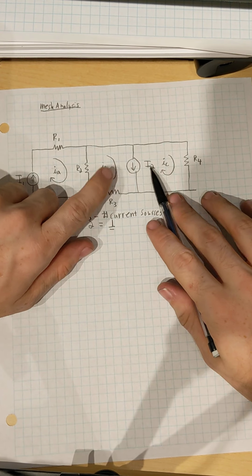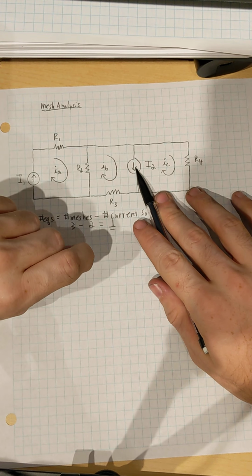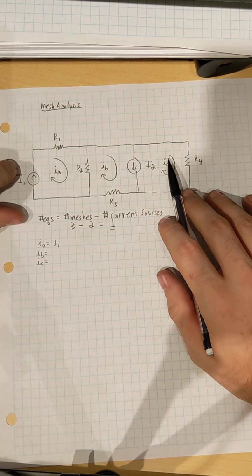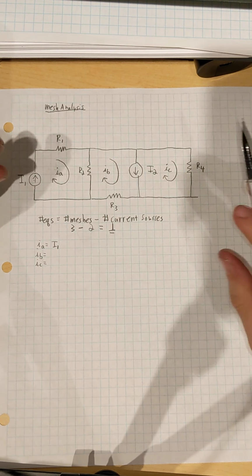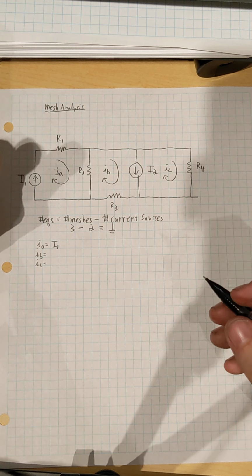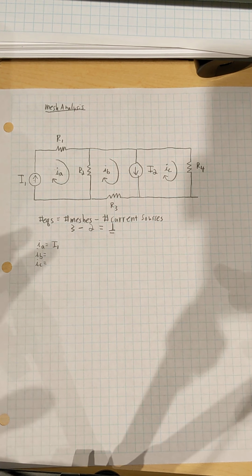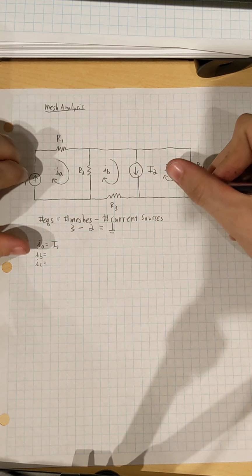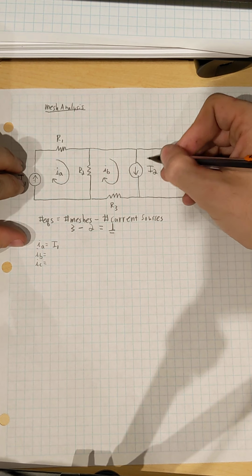Here, this current source is attached to two different meshes, IC and IB. So what we'll have to do is I2 is sort of like a sum of these mesh currents. And the way that I like to think about it is I usually write it in terms of the source current first.